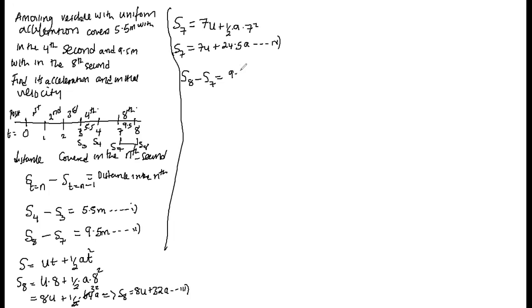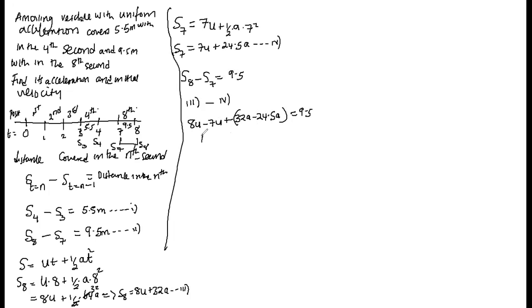Now, the question said the distance in the 8th second, that is distance when time is 8 minus distance when time is 7, was 9.5. So subtract equation 3 minus equation 4. You will get 8u minus 7u plus 32a minus 24.5a. That difference should give you 9.5.